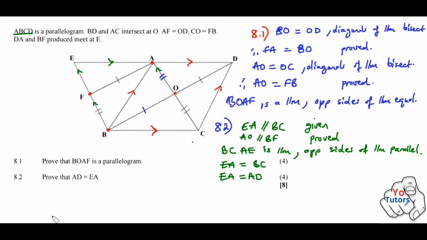Then make sure that your diagonals are bisecting each other. Then you also have to prove that if one pair of opposite sides are equal and parallel, then the shape is a parallelogram. Those are the things that you must remember.